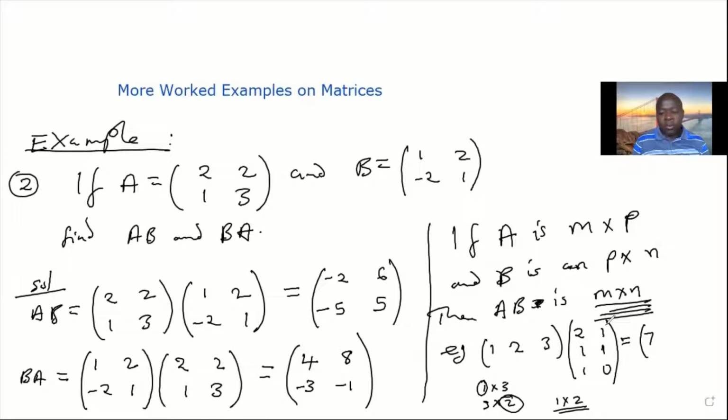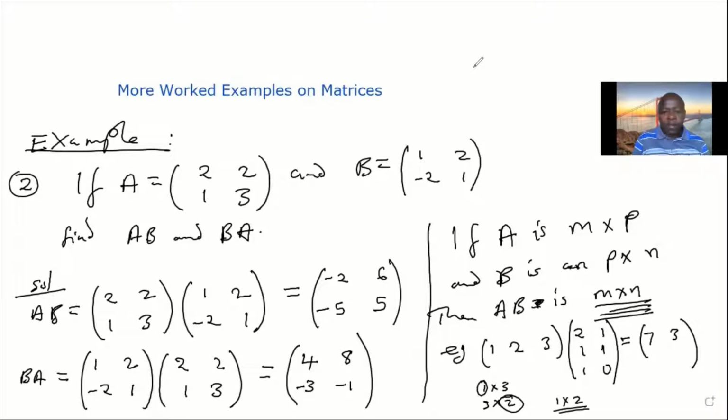And this other will be 1 plus 2 plus 0, which is 3. So you can see these are 1 by 2. That is the order of this matrix. So this is a very important point: if you are given two matrices which are compatible, which you can multiply, you are able to know the order of the product.